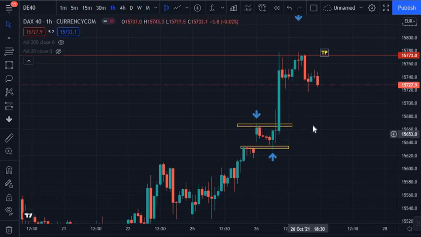The riskier trade was if you entered here and you saw this rejection candle over here, and you saw price didn't have any momentum to the downside, then you take the risk of entering here and hopefully price pushes to the upside. As you can see, price rejected the zone and pushed the upside.